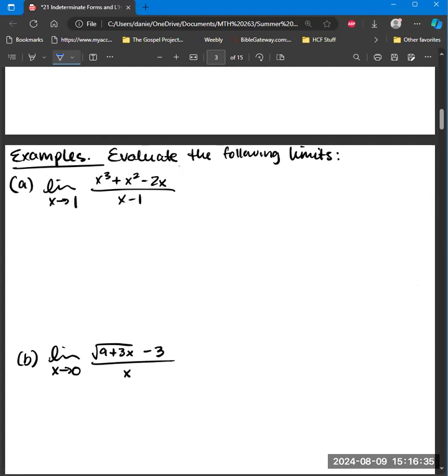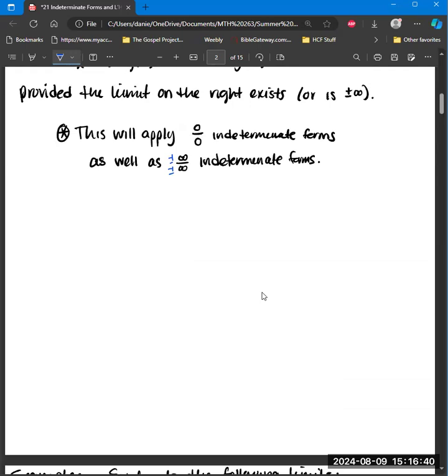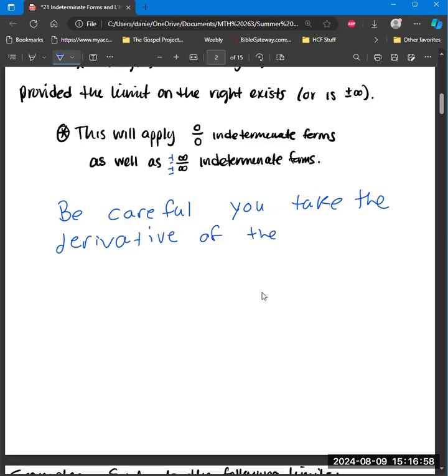Let's go ahead and say right now, be careful. You take the derivative of the numerator and denominator separately.